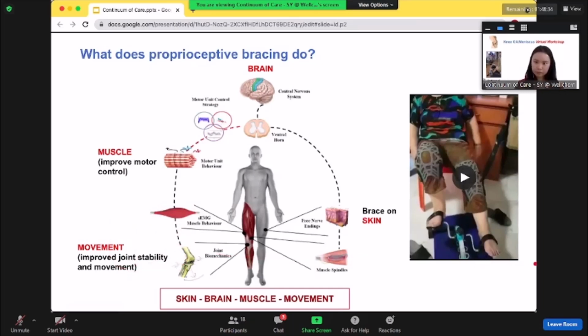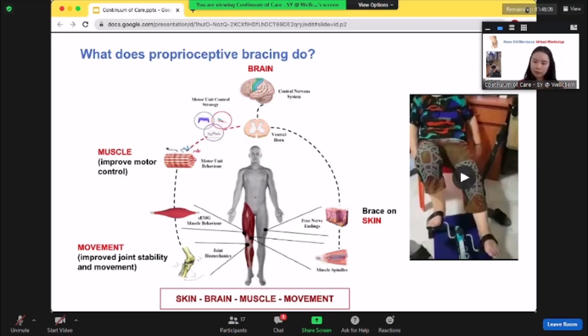To my right here, this is a real life example of an 88-year-old elderly lady. She has been prescribed to do home exercises on a home bike due to another medical condition. Initially, she tried to do it without bracing, but she could not even complete one cycle.